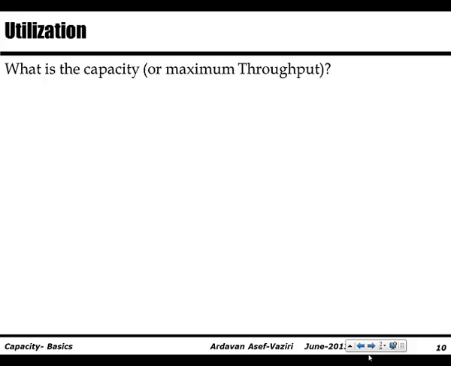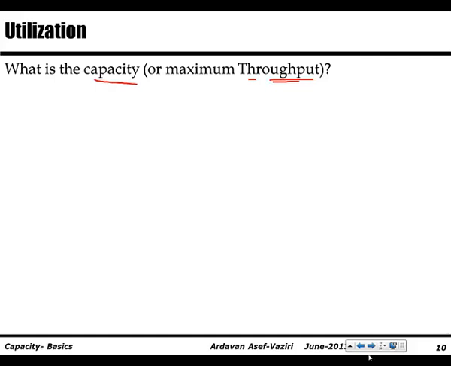Now we want to discuss the concept of utilization in a fully utilized process. In a fully utilized process, utilization of the process is 100%, but utilization of different operations may be less than 100%, and I will explain it in a minute. Capacity or maximum throughput, we talk about that.